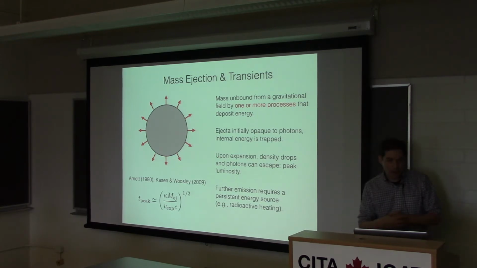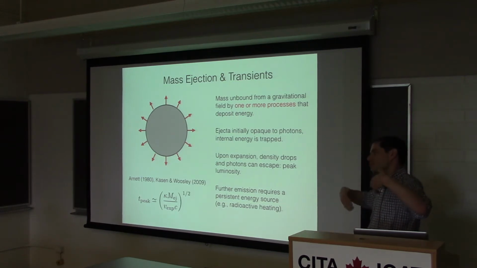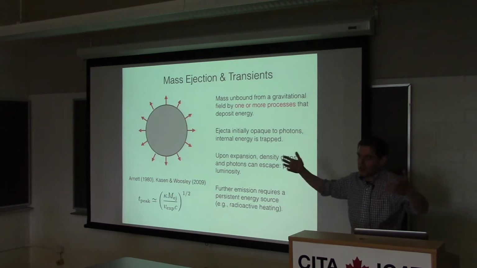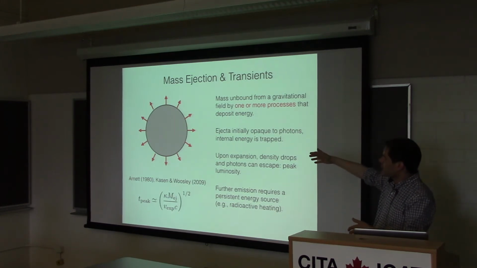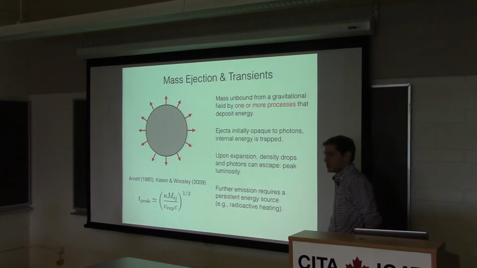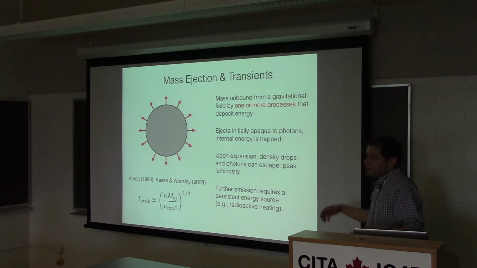But after sufficient expansion, the density drops to the point at which the diffusion time becomes fast enough that most photons can leak out. And there you have a peak in the brightness of this transient, and therefore it's when these are most likely to be detected. Now, after this initial spike of radiation, if nothing else goes on, the emission just decays and that's the end of it.